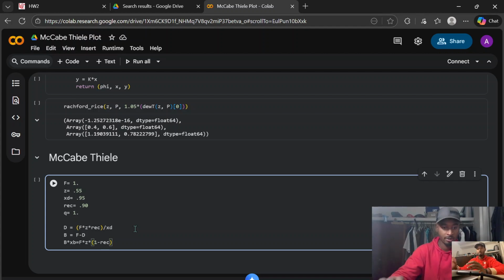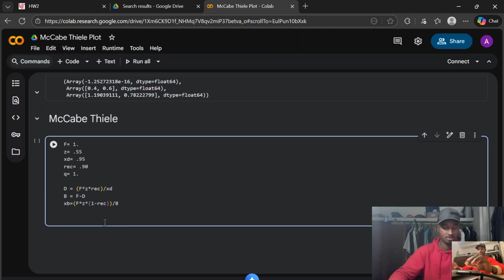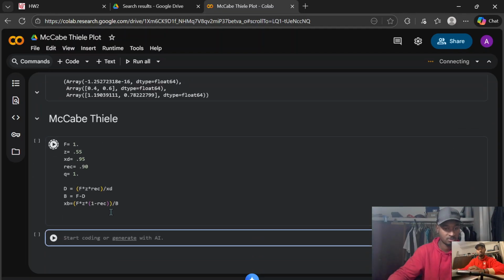So we can say that the bottoms flow rate times its composition is equal to the inlet flow rate times its composition of the more volatile component times 1 minus the recovery of the system. So once we do that, we can just simply divide by B here, and we're given the bottoms composition for this unit. So shift enter just to make sure everything looks right.